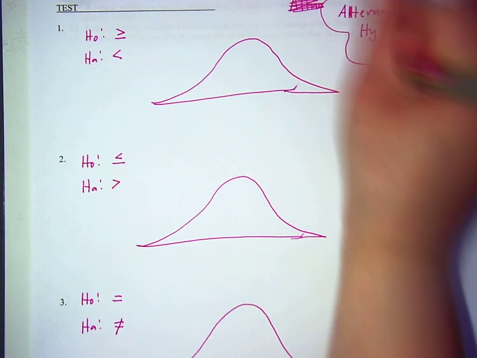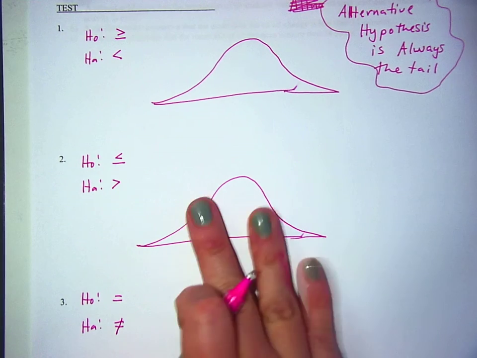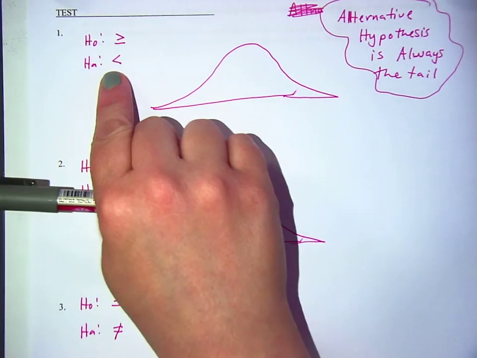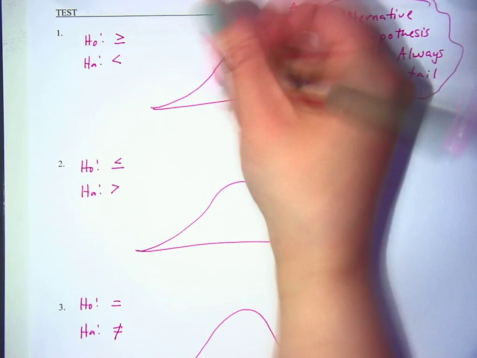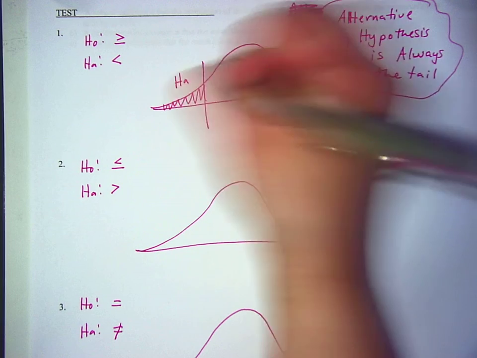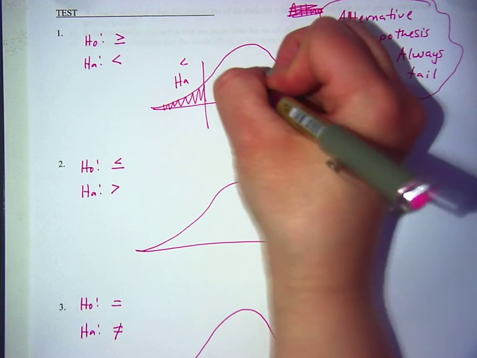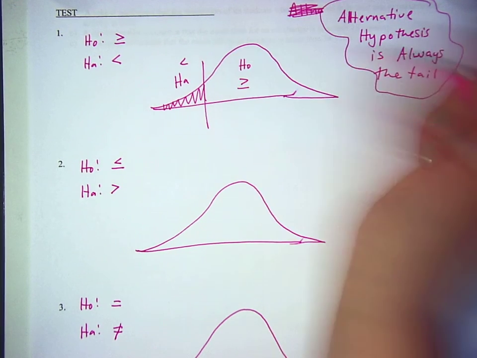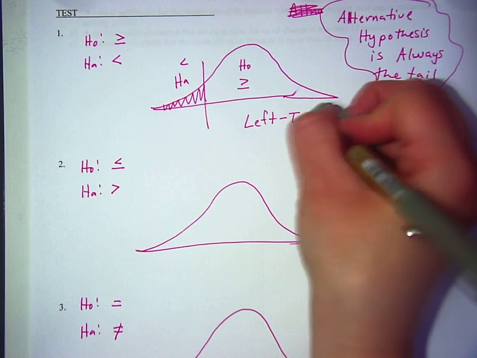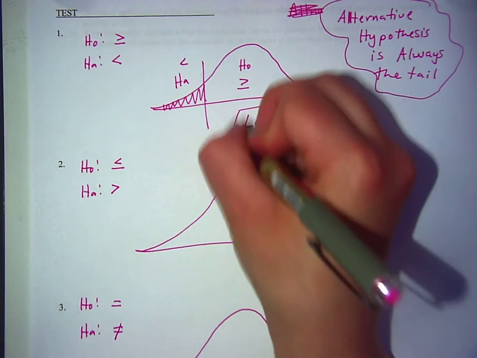And that'll make sense as we start drawing it, but that's something words to live by. Alternative hypothesis is always the tail. So the alternative hypothesis here is less than. That means it's on the left. So over here is the alternative hypothesis. That's less than. And over here is the greater than or equal to null hypothesis. This is called a left-tailed test, as I'm sure you can understand why it is called that.